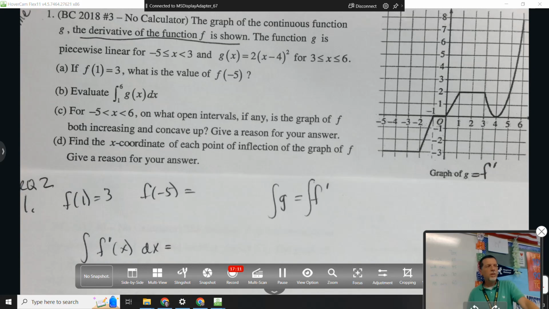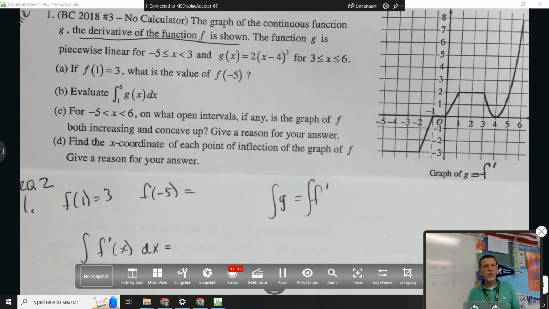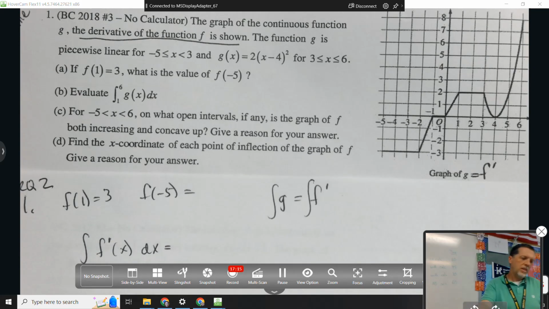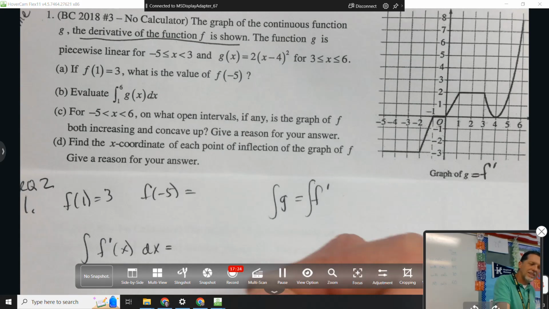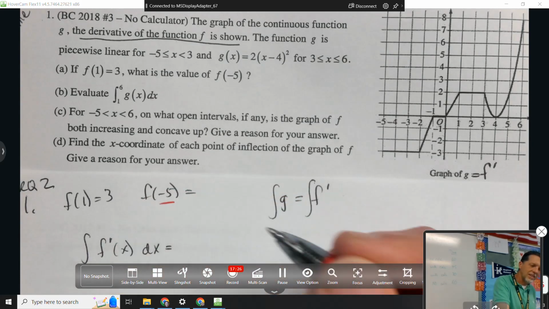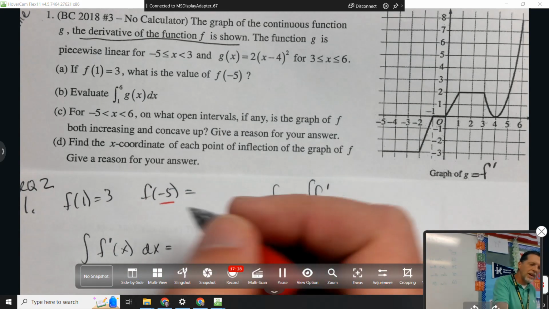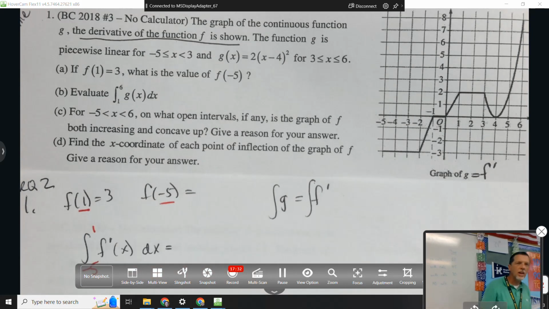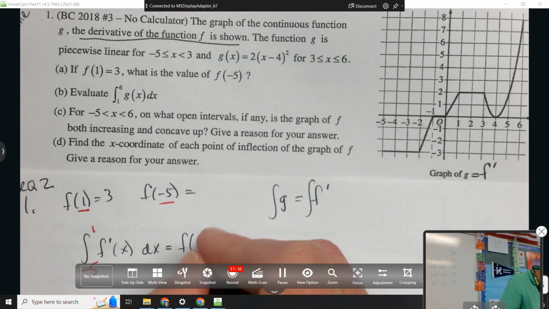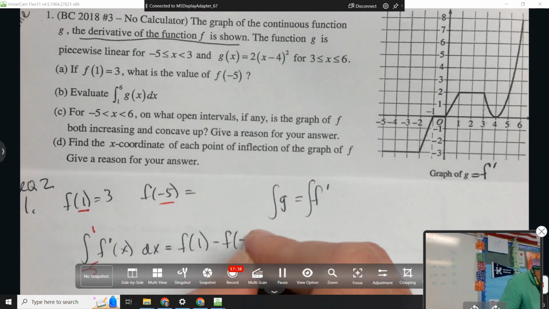What limits should I use? From what to what? Negative 5 to 6. I think I want to use this point, so I'm going to go negative 5 to 1. So this would be f of 1 minus f of negative 5.